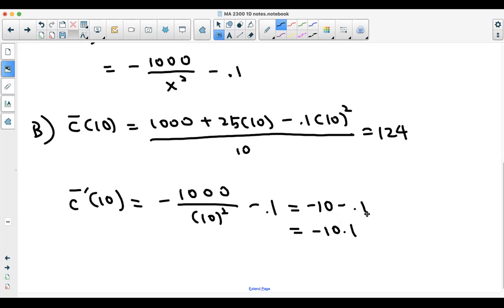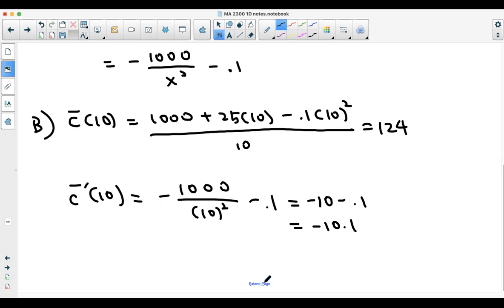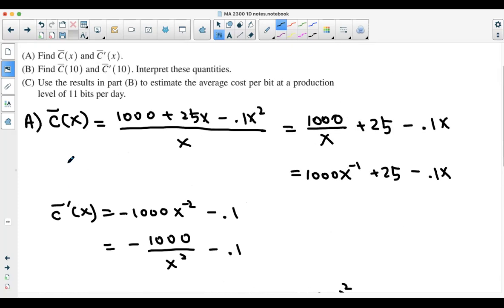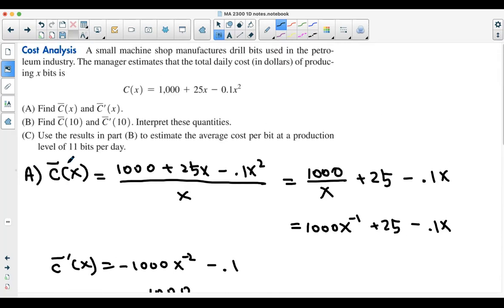So let's go for C. C is: use the result in part B, which we just found, to estimate the average cost. Now, instead of following their approach, I'm going to figure out the actual average cost when I make 11 driblets per day, and I'm going to show you the difference.